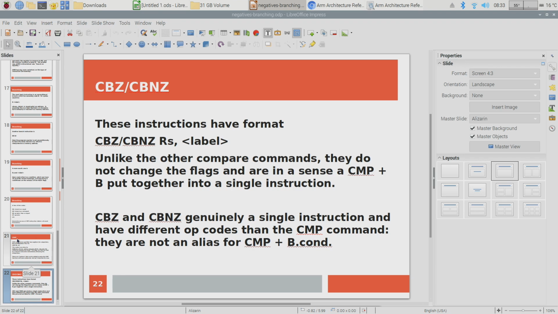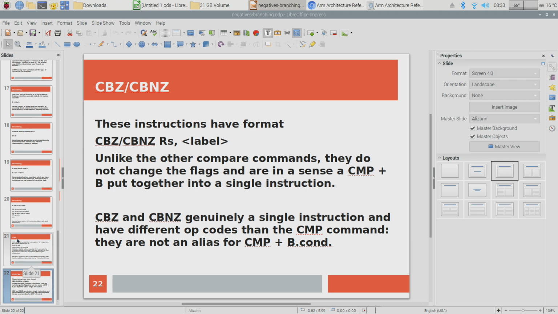but they're genuinely a single instruction. Okay, so we could get compare and branch if zero by doing compare and then branch if equal, but that would be two instructions, and it would take however long two instructions take to execute. Whereas the CBZ instruction would do that in a single instruction.